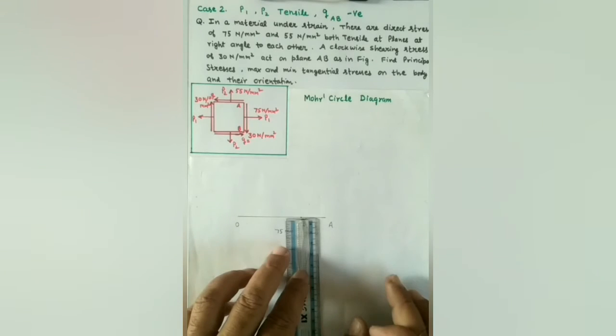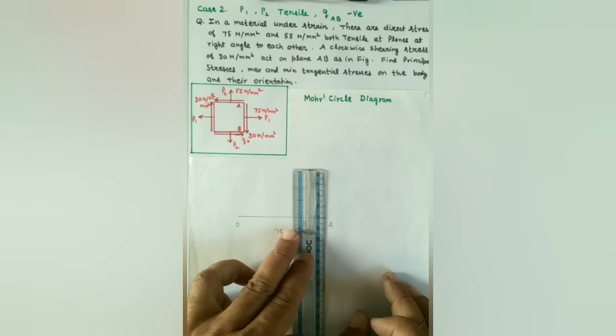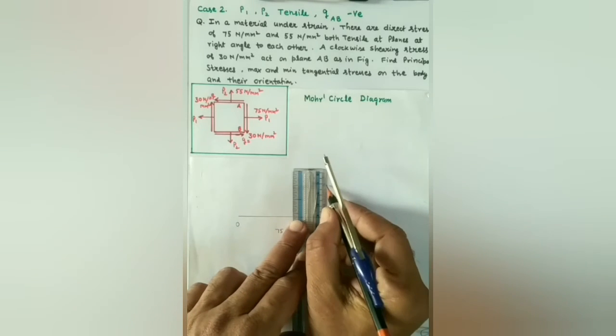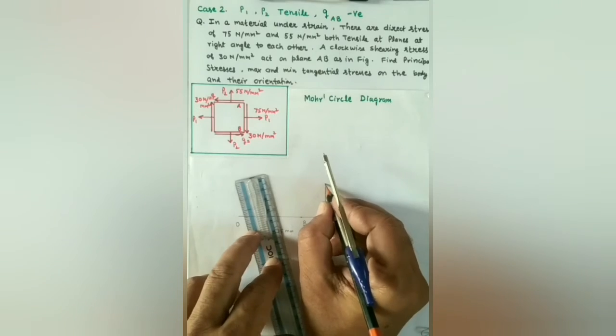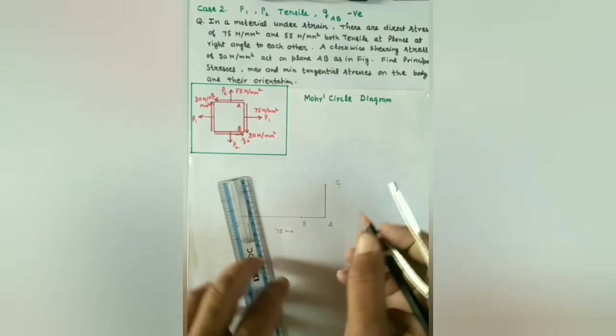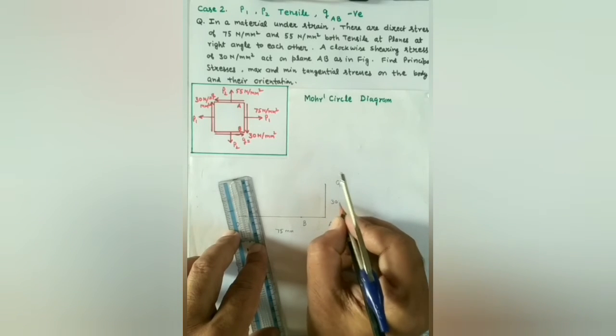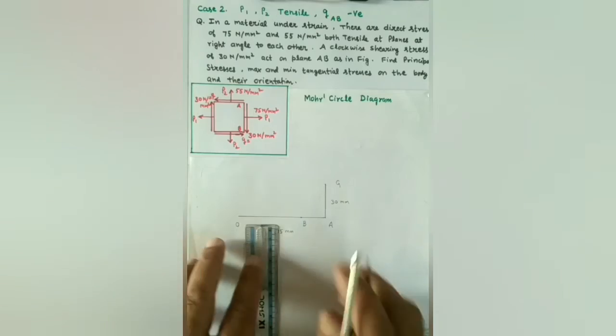Since the shear stress at plane AB is rotating it in the clockwise direction, it is negative, and on the Mohr's diagram we will draw it above the x-axis. So draw a line of 30 mm from A above the x-axis and let this point be G, so that GA is 30 mm.